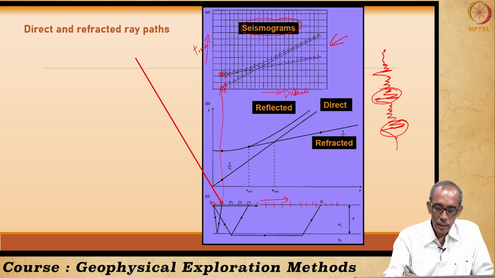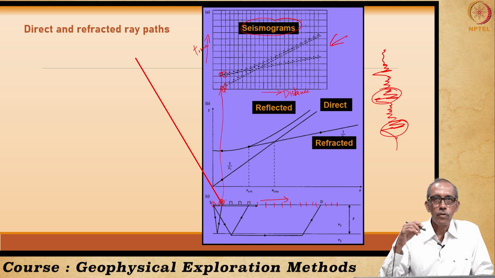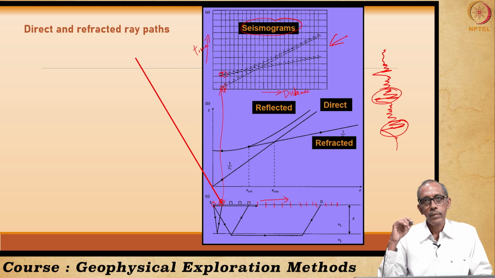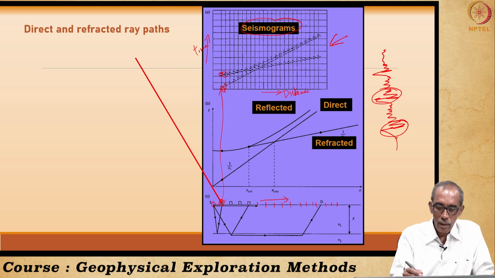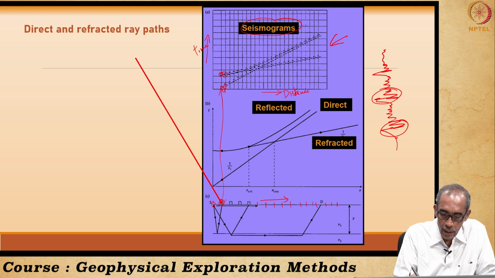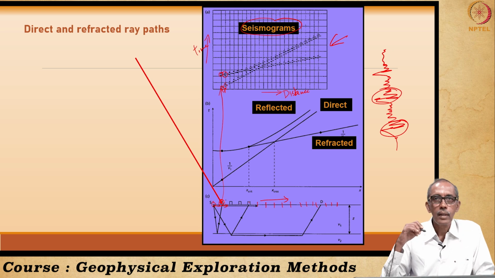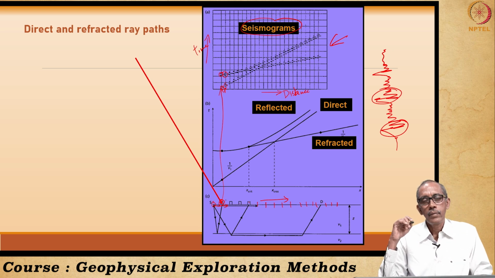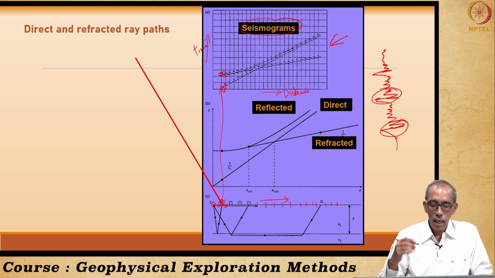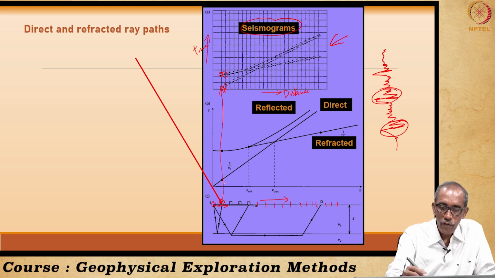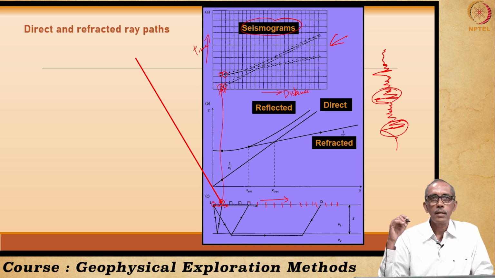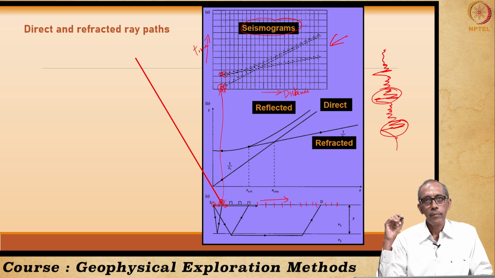Now, if you look at the first geophone which is located here, this geophone primarily receives the direct rays, right. The direct rays are in fact the first signal it receives. Okay.